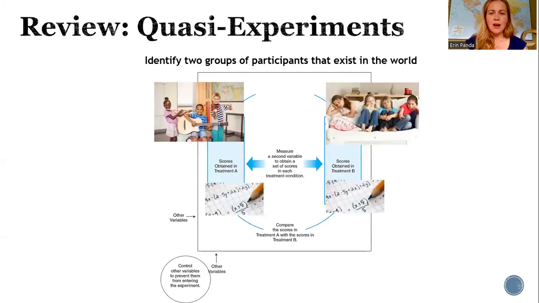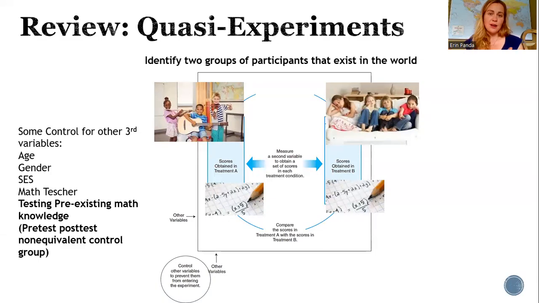So this would be what a quasi-experiment would do. We'd again recruit two groups of kids, musicians versus non-musicians. We'd measure the math scores in our two groups and look to see if there's a difference between groups. And we would control for other variables that could provide an alternative explanation for the results.